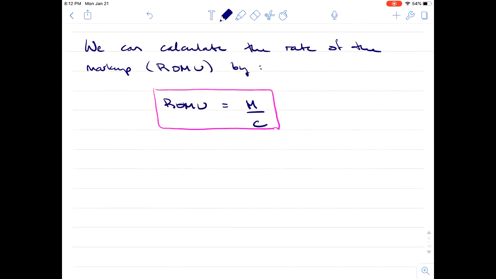The rate of the markup is the amount of the markup over the cost. We've already seen these.